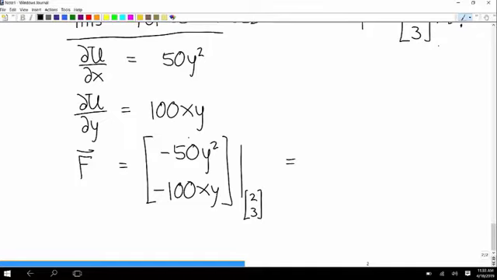And so that is negative 450, I think. And then negative 600. Wait, is it negative 600? Oh, yes. Okay, so yes.